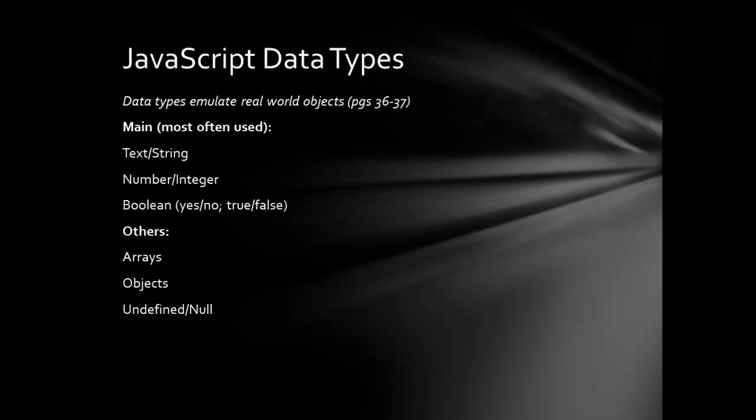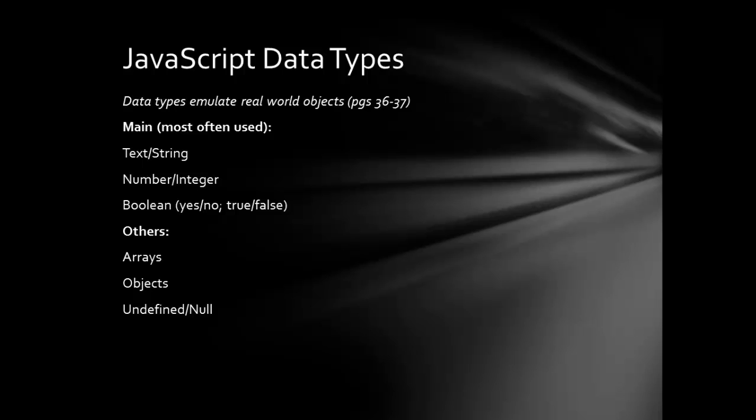Now, I want to talk about how we work with JavaScript data types and how JavaScript does it and how other programs do it. All programs have data types, and JavaScript's a little different than some of the other programs you may run into. In the Head First JavaScript book, on pages 36 and 37, there is a picture where they're basically talking about how all the data types we use emulate real-world objects.